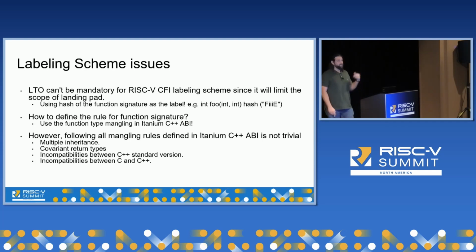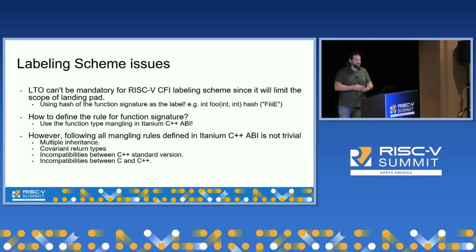Now, for the labeling scheme, we have labeled landing pads. Other architectures just have landing pads without labels. So we need to find a way to make a very performant and pretty simple solution in order to mark the available spaces.